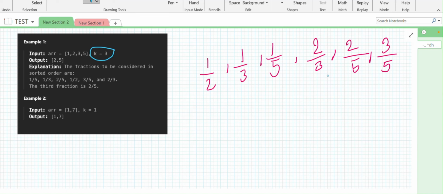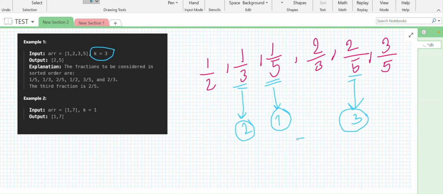What is the first smallest prime fraction? Among them, 1 by 5 will be the first smallest, the second will be 1 by 3, and the third will be 2 by 5. So as the third is 2 by 5, for that case we have to return 2 and 5.